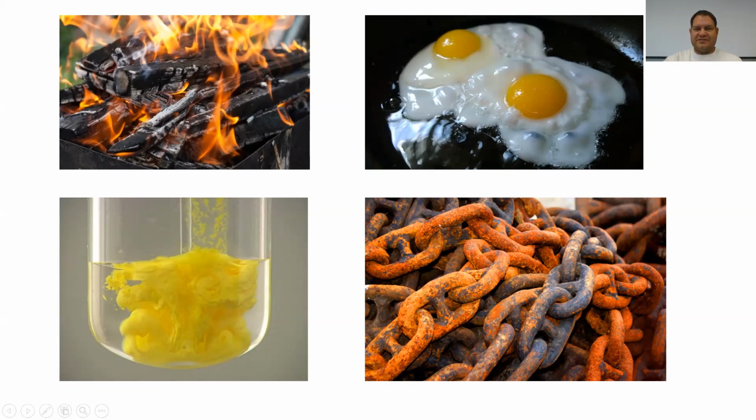Here's an example of a solid being formed. It usually forms this cloudy type of deal, and this cloudy solid is a great indication of chemical change. Rusting, we already looked at this earlier. When an object is rusting or tarnishing, that's a sign of a chemical change going on here.